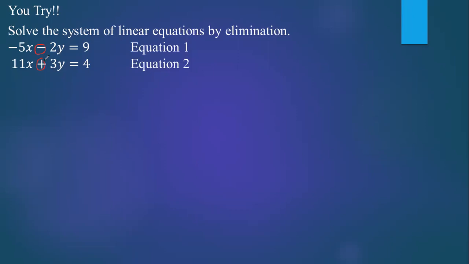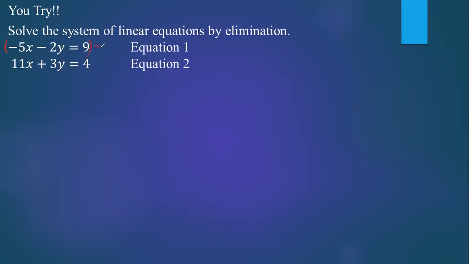And we have here negative 2 and positive 3. So therefore, their common multiple is 6. For example, if it is a fraction, 1/2 and 1/3, the common denominator is 6. So you find a number so that when you multiply, it will equal 6. For equation 1, we can multiply that one with 3.